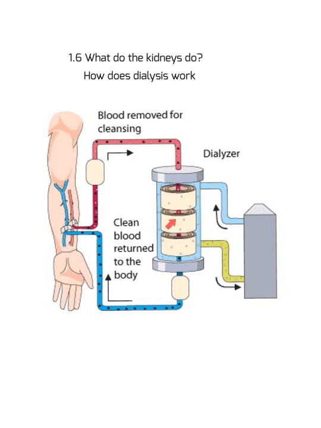Then the impurities get out of the unit from this tube and the purified blood gets back into the bloodstream through the veins. This is how dialysis units help us purify the blood in case our kidneys fail.